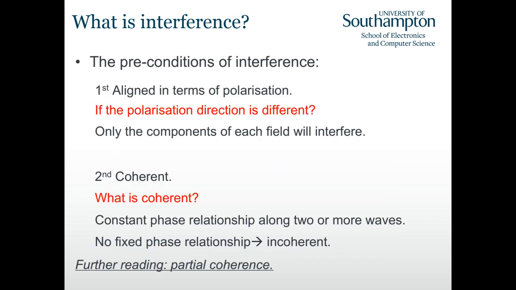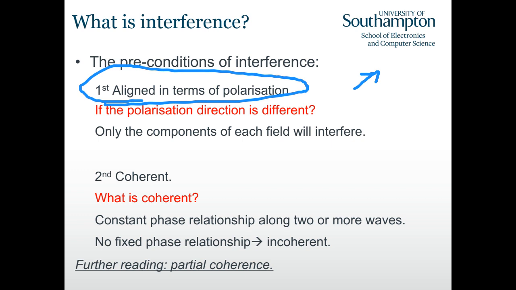First of all, the two waves should be aligned in terms of polarization. Ideally, all the wave components should have the same direction for the electric field, so that they will act together.